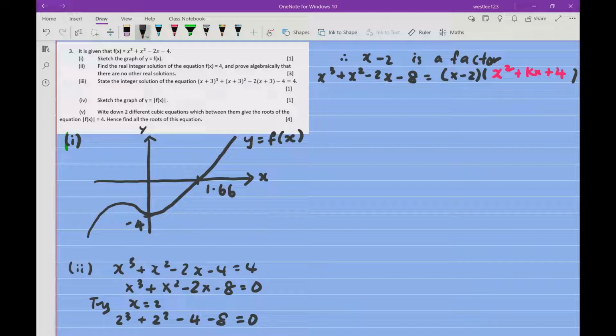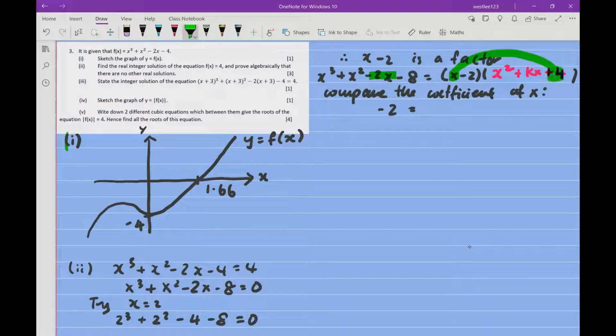To find it, we compare the coefficient of x. On the left hand side, we have -2x, so -2. On the right hand side, to get the x term, I take x times 4, which gives me 4. I take -2 times kx, that gives me -2k. So 2k equals 6, k equals 3.